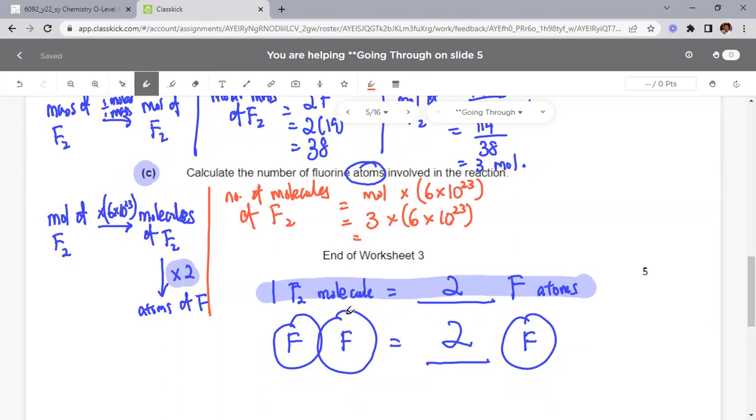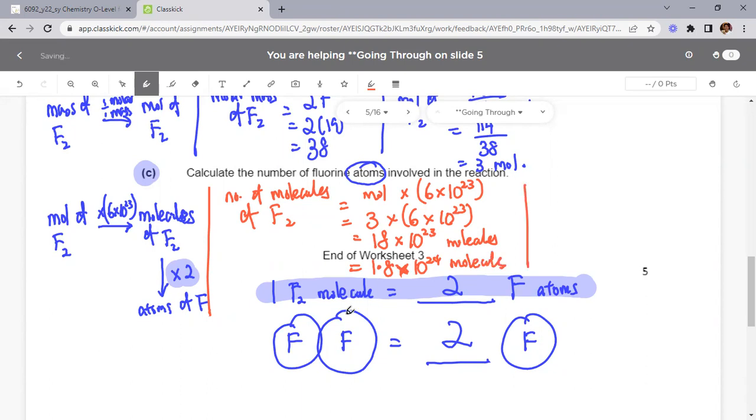It will become 18 times 10 to the power 23, which I'm going to convert to make sure that it still stays in standard form. So you can write this as the intermediate answer, or convert it to 1.8 times 10 to the power 24. If you press a calculator, you're going to have 1.8 times 10 to the power 24 molecules.